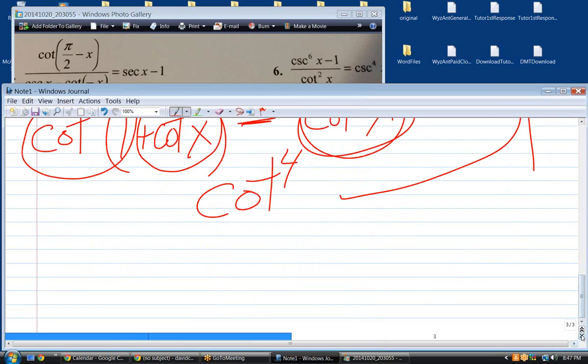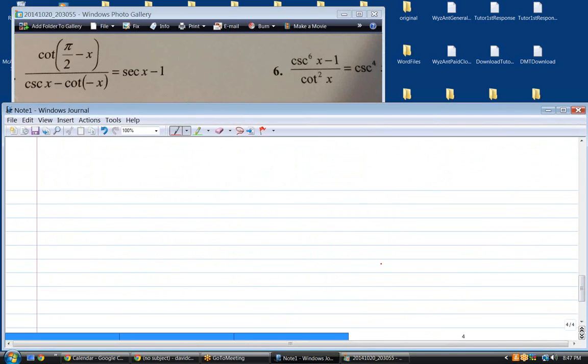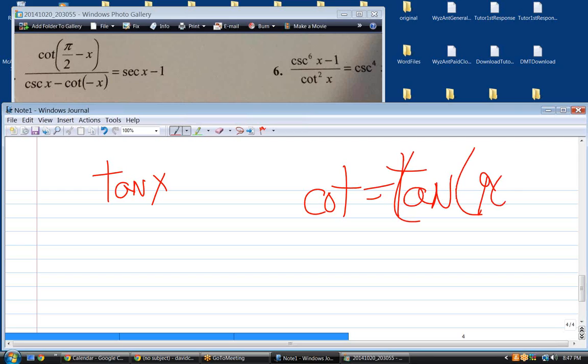And whenever you see the pi over 2 minus x, you're looking at a cofunction thing. So what can I write instead of that? Tangent of x, exactly. Because the tangent of x is equal to cotan of 90 degrees minus x, and also the cotan is equal to the tan of 90 degrees minus x.